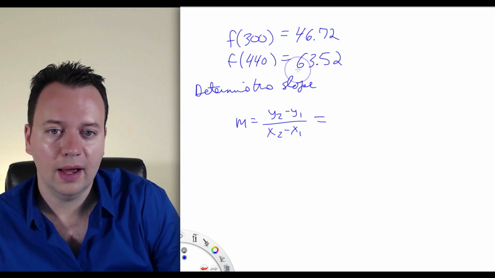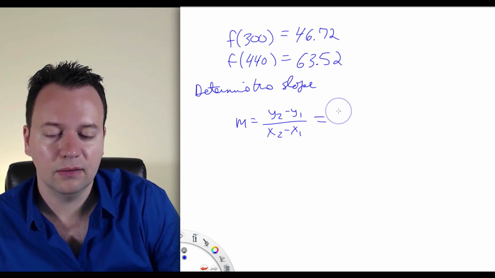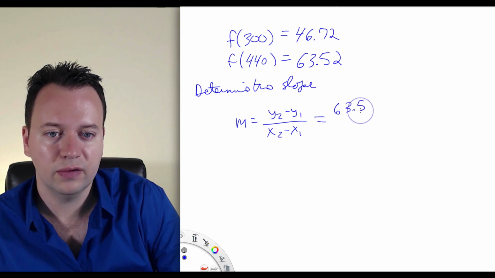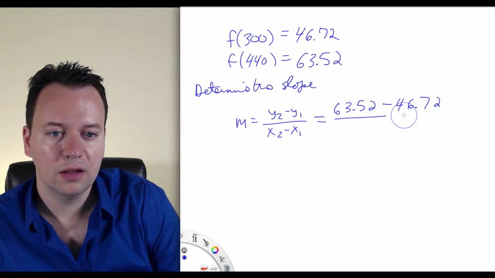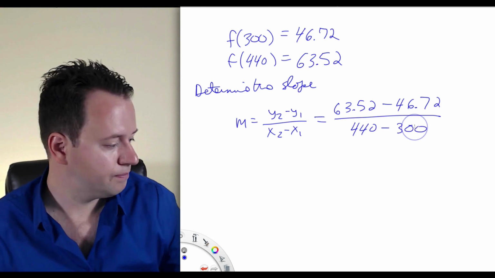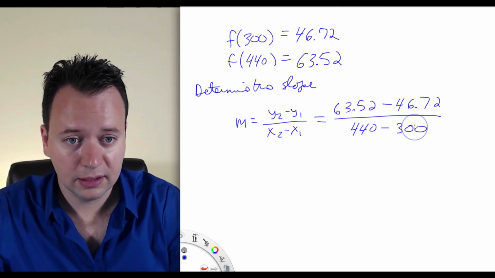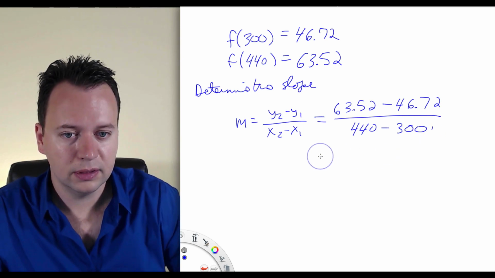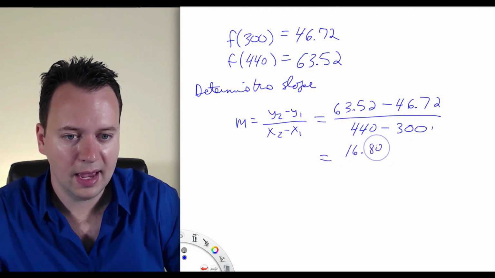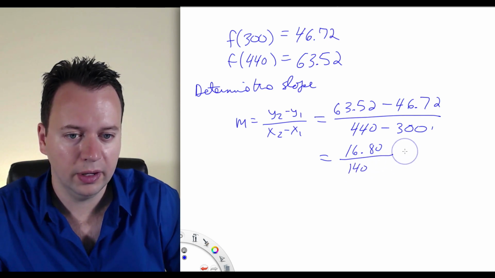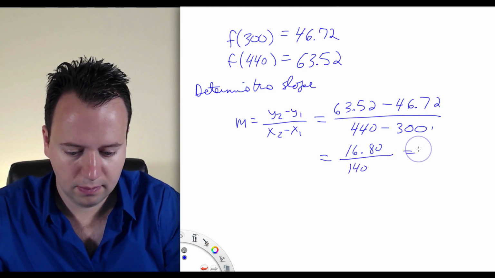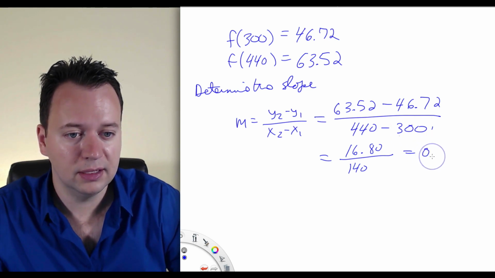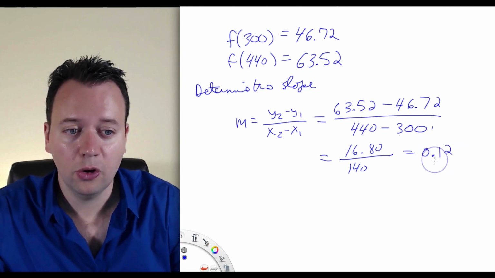So y2 will be the output of the second, 63.52, minus y1, 46.72, divided by the change in x, 440 minus 300. So 63.52 minus 46.72 is equal to 16.80 divided by 140, and that works out to be 0.12.